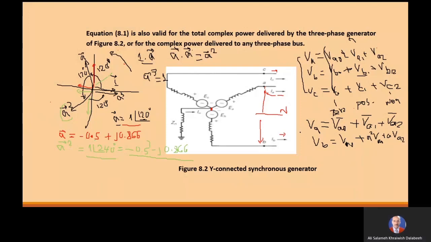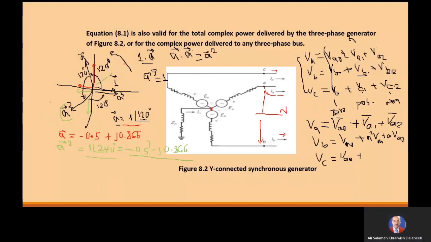And the same for VC. VC is equal to VA0 plus VC1 plus VC2, because VC0 is equal to VA0. And what is the relation between VC1 and VA1?